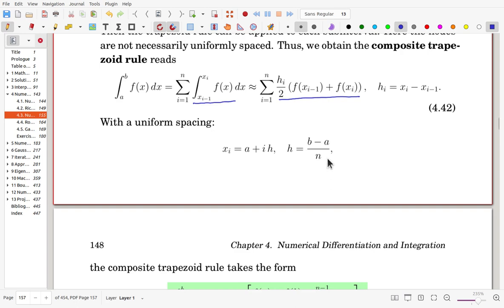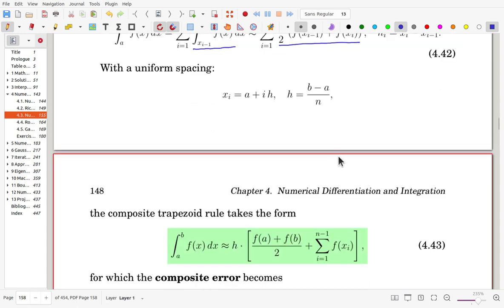Then the composite trapezoid rule can take this form. The integral from a to b of f of x dx is the same as h times: for the beginning point, half contribution, and for the end point, half contribution, and for interior points, one contribution.